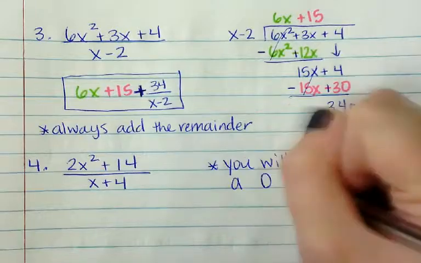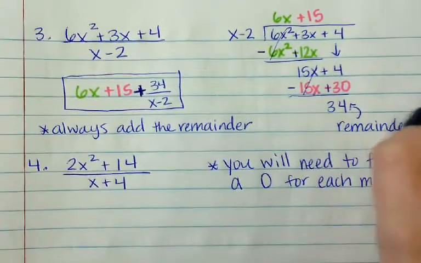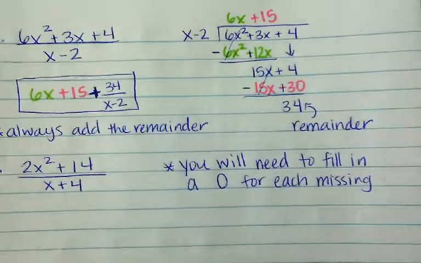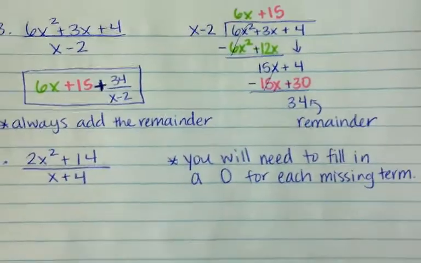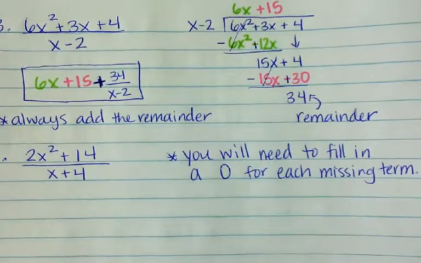Okay, I'm going to add a term over here. Now, basically, guys, that's going to be like a placeholder. Okay? Because otherwise, it gets really screwed up when you try to divide. Your like terms don't line up. Okay? If you don't do this.